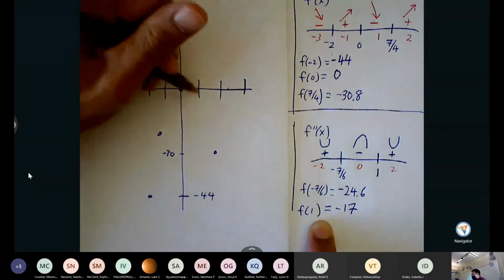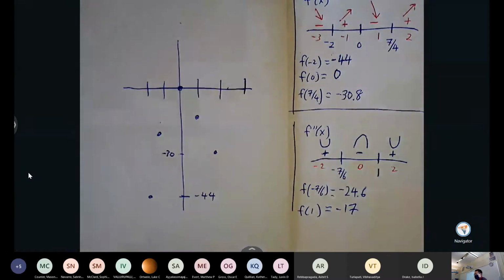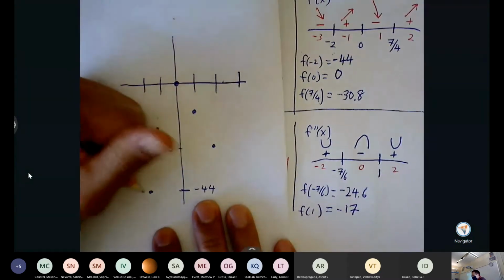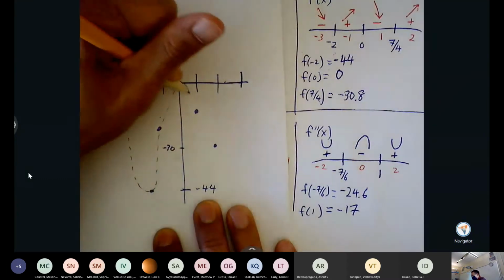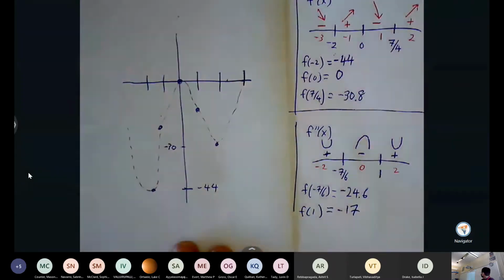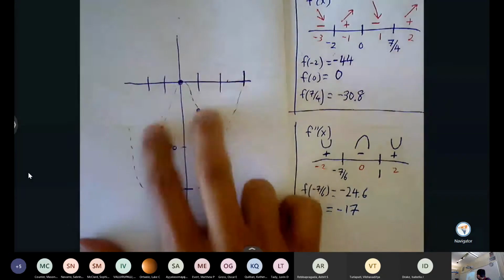And then 1 is at -17. All right, so it's going to make my graph kind of go through those points. I'm not going to worry about my curvature just yet. Just want to connect them. Okay, but we have confirmed 2 relative mins and a max.